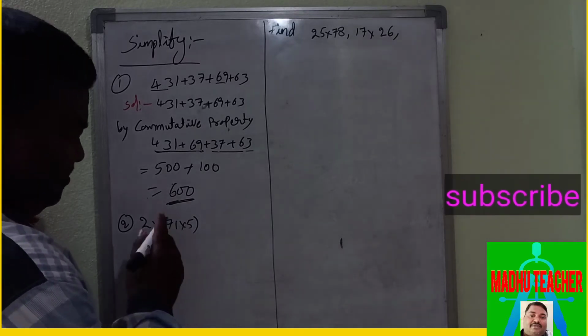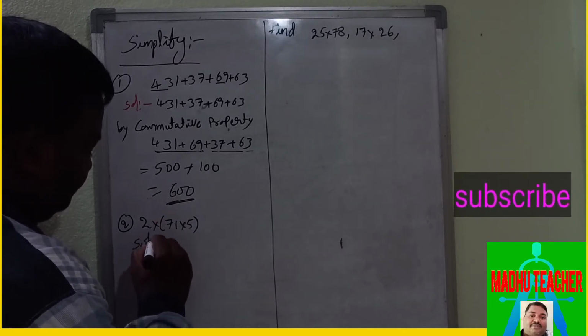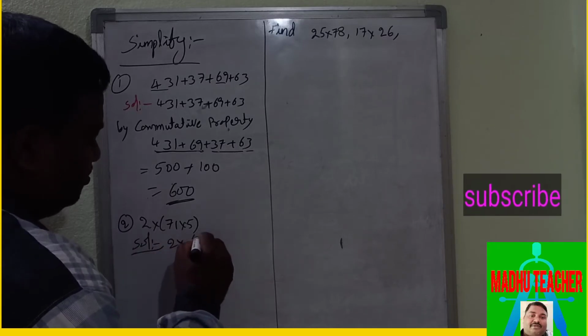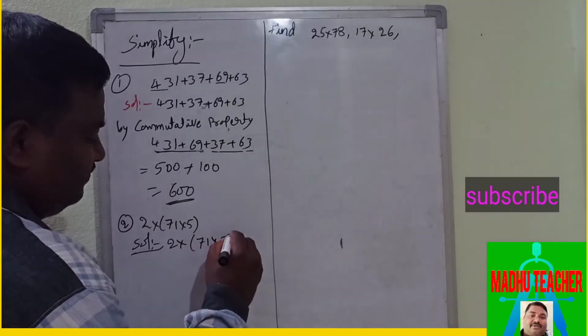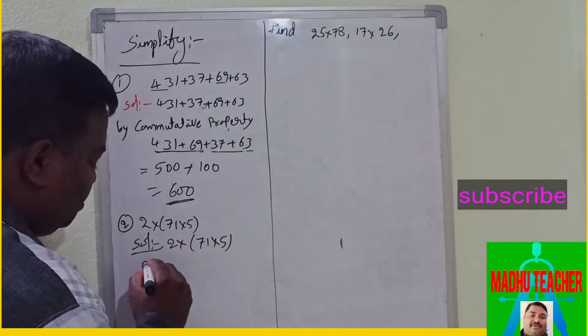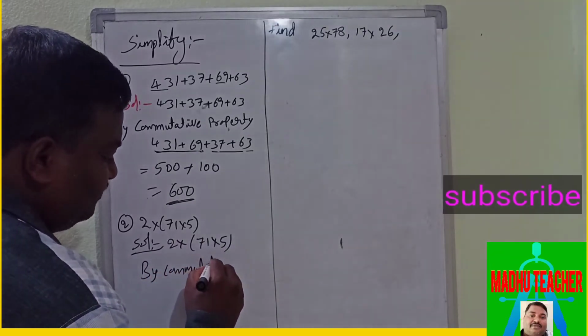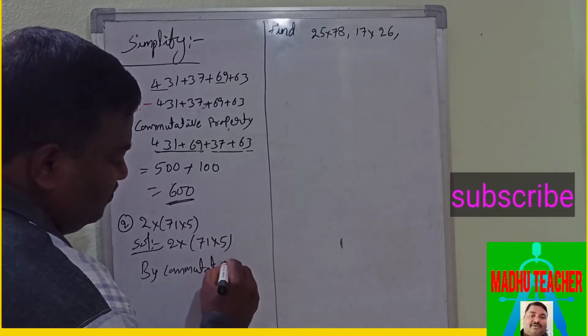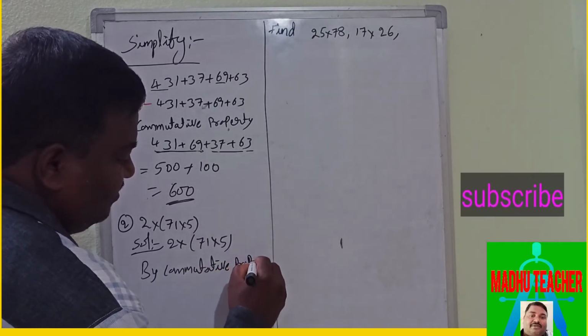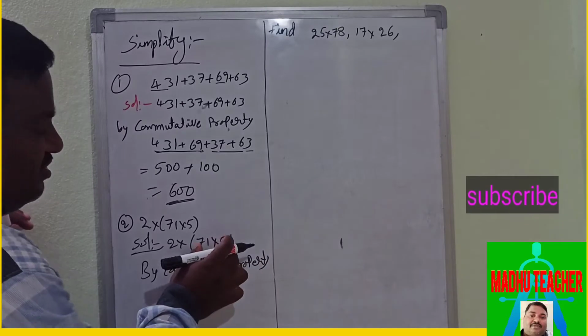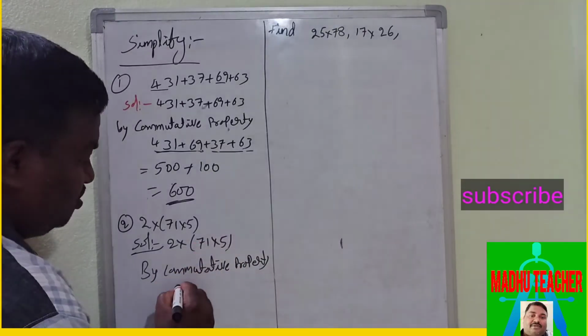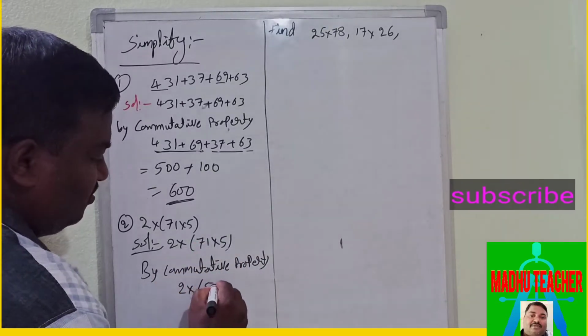So first of all, I am writing this: 2 into 71 into 5. By commutative property, I am changing the order of these two. That is 2 into 5 into 71.